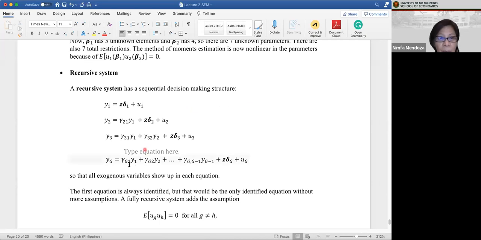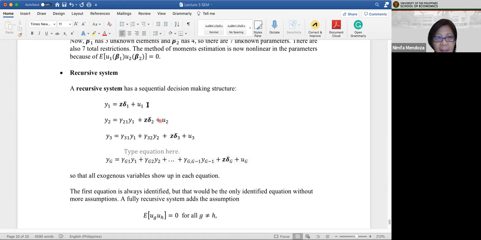Note that in this system of equations, you have all the exogenous variables show up in each equation. So you have z appearing in each of the equations. y1 depends only on z, y sub 2 depends on y1 and z, y sub 3 depends on y1, y2, and z, and so on. So y sub g depends on y1, y sub 2, down to y sub g minus 1 and z.